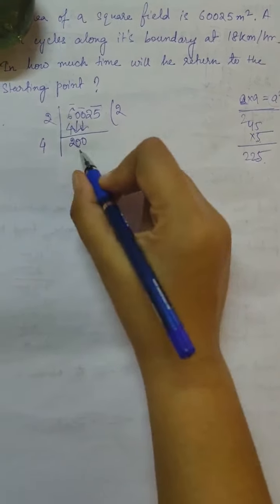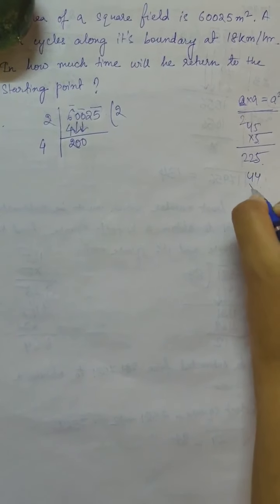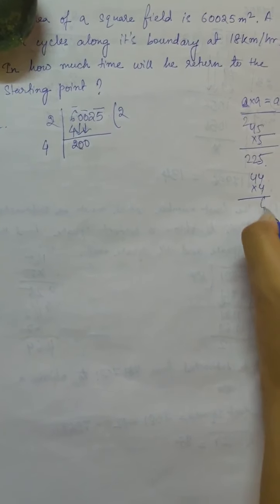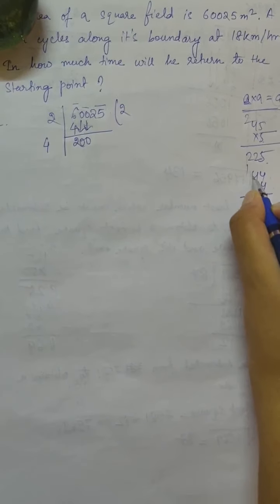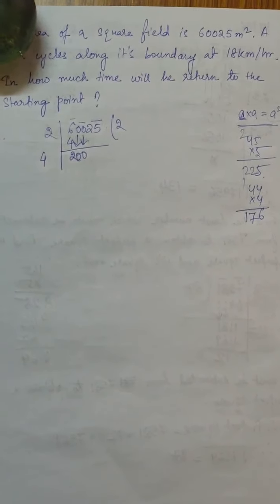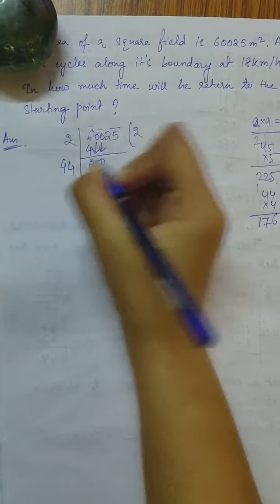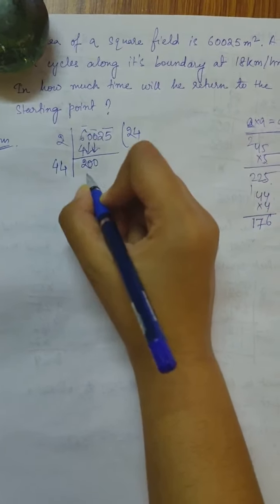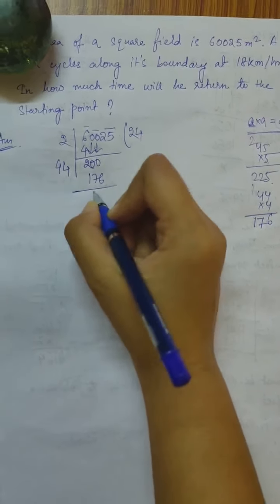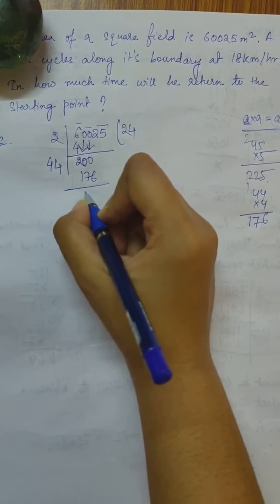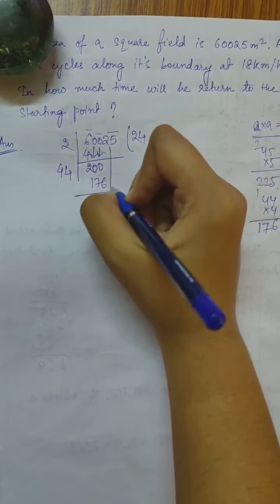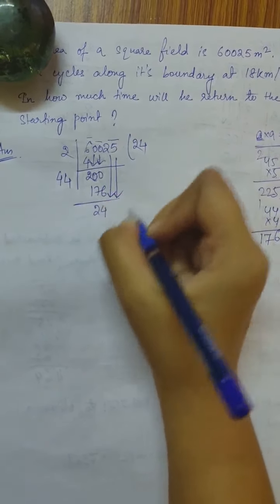This is greater than 200. So we can take 44 into 4. 4 into 4 is 16, carry 1, 4 into 4 is 16 plus 1 is 17. So we are getting 176. So 44 into 4 gives us 176. The remainder now will be 24, and this 25 now comes down here.